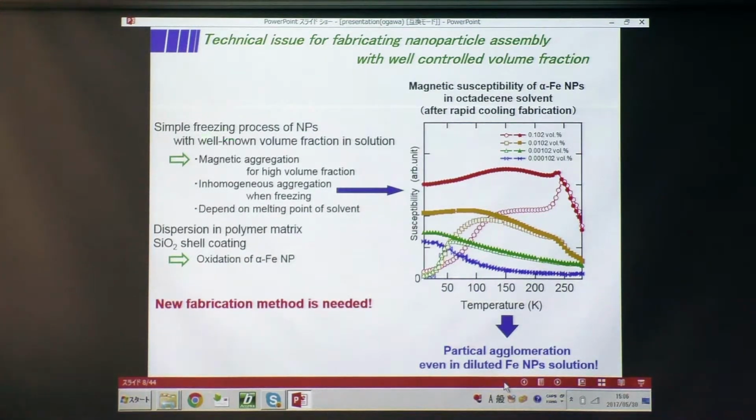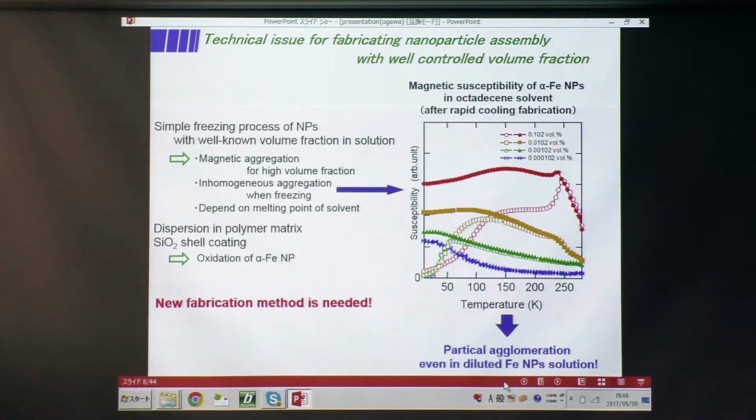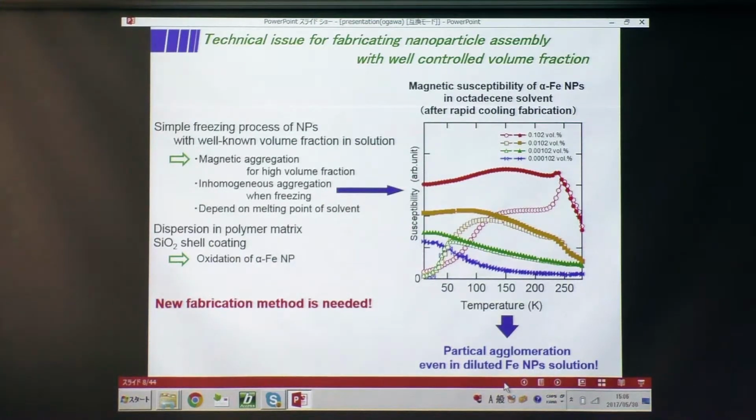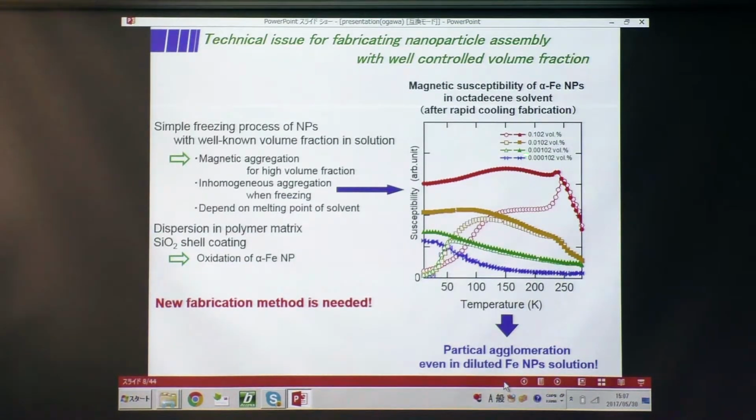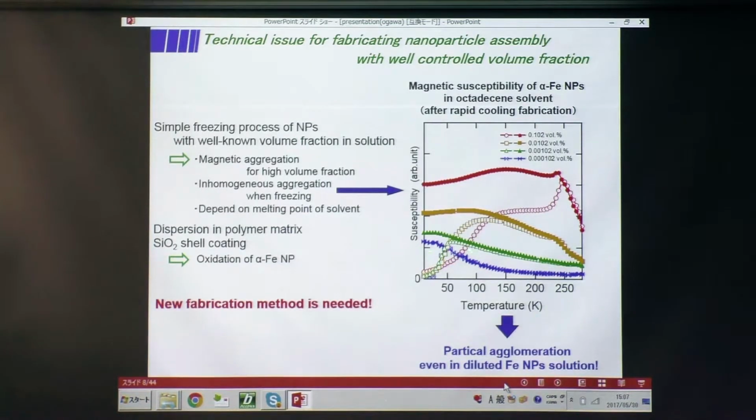After the simple freezing process, we had a well-known volume fraction, but unfortunately, during the freezing process, magnetic aggregation and inhomogeneous aggregation occurred, depending on the melting point of the solvent. This is the temperature dependence of magnetic susceptibility as a function of various volume fractions. In a very dilute case, we can see the blocking temperature here as blue data.